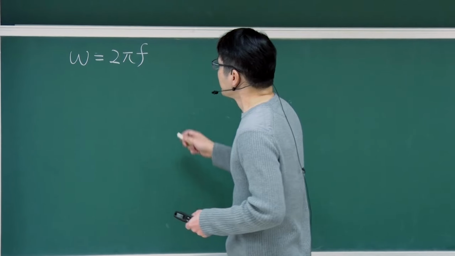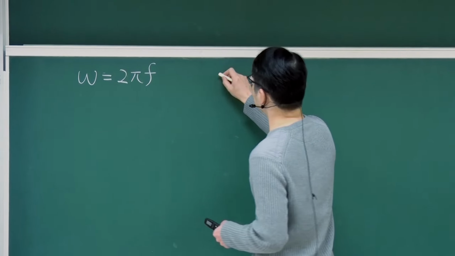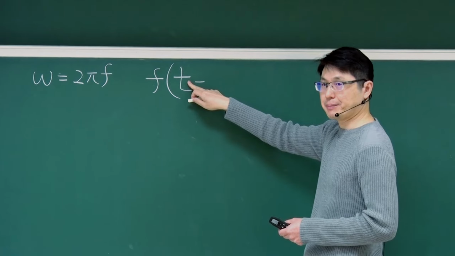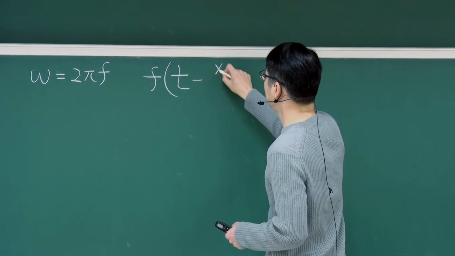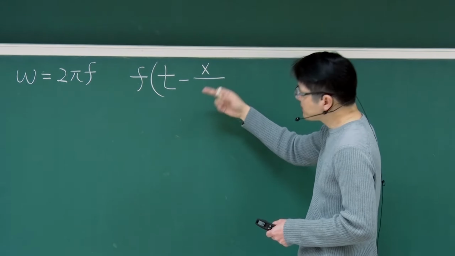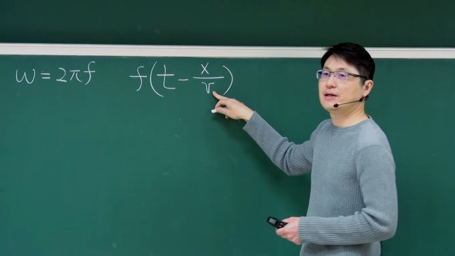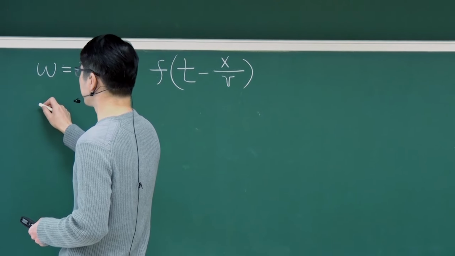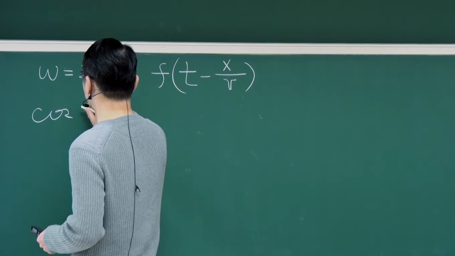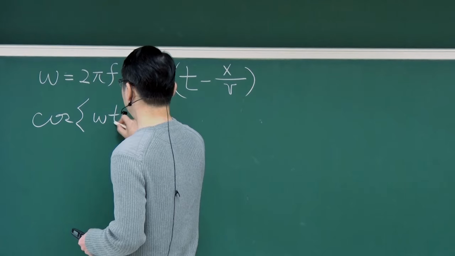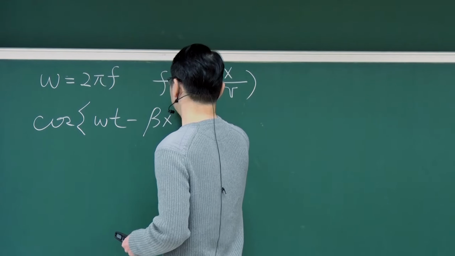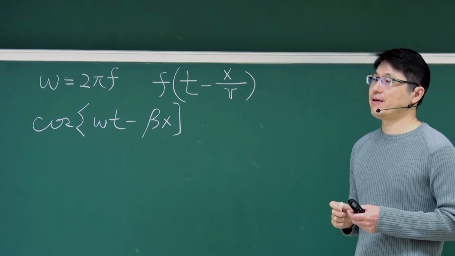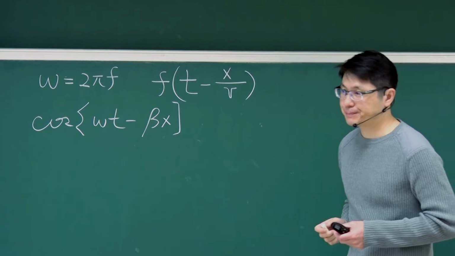Okay? So we know that the solution form will be a function having time dependence and spatial dependence and somehow related through the velocity. So currently we have a solution form of cosine omega t minus beta x. For simplification, I'm dropping out the phase change.